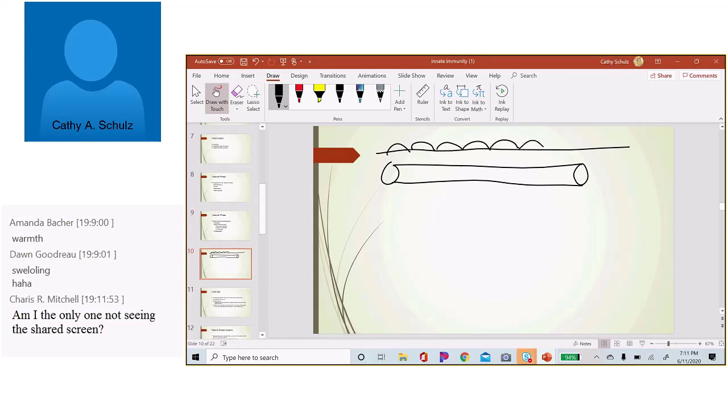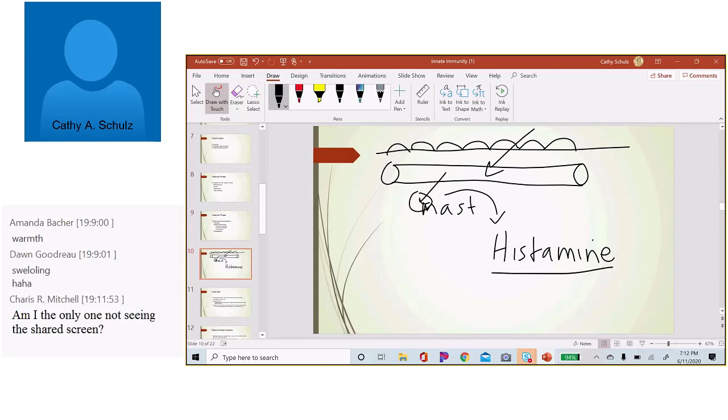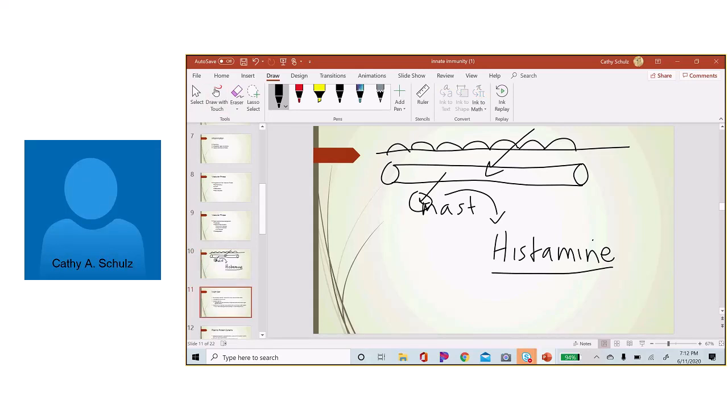If there is an injury to this area, mast cells that live next to vessels will be activated. And their activation means that they're going to spill out substances. One of the major substances that mast cells release when they open is histamine.